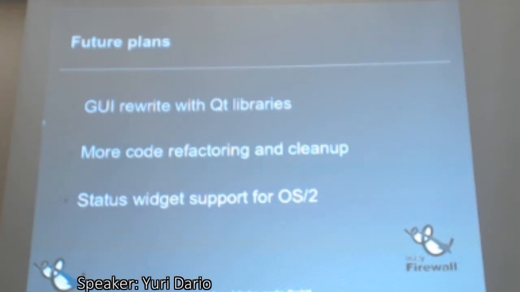I think it doesn't make a real difference, because we don't need complex windowing systems. The bigger task is to write a new interface, so Qt 4 or Qt 5 is not a problem. But I think we will have Qt 5 by the time we rewrite the interface. Okay, thank you. You're welcome.